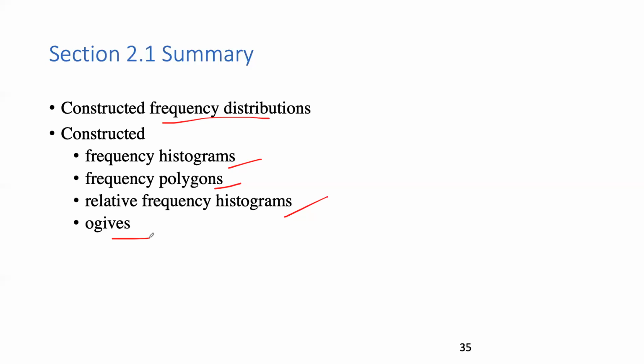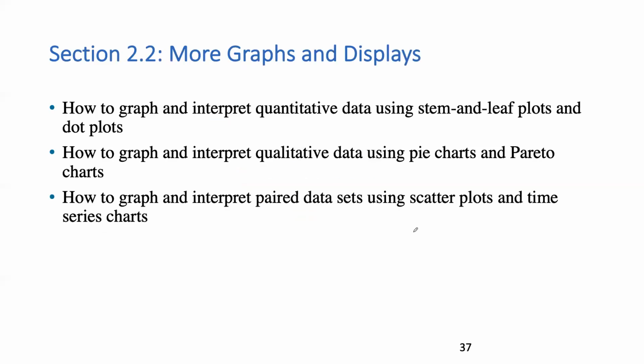Okay. All right. So let's move ahead and talk about a few more graphs and displays. These are other graphs and displays that you might see in statistics. When you're reading a statistics paper or reading through a statistical analysis, you might see these other visual representations as well.